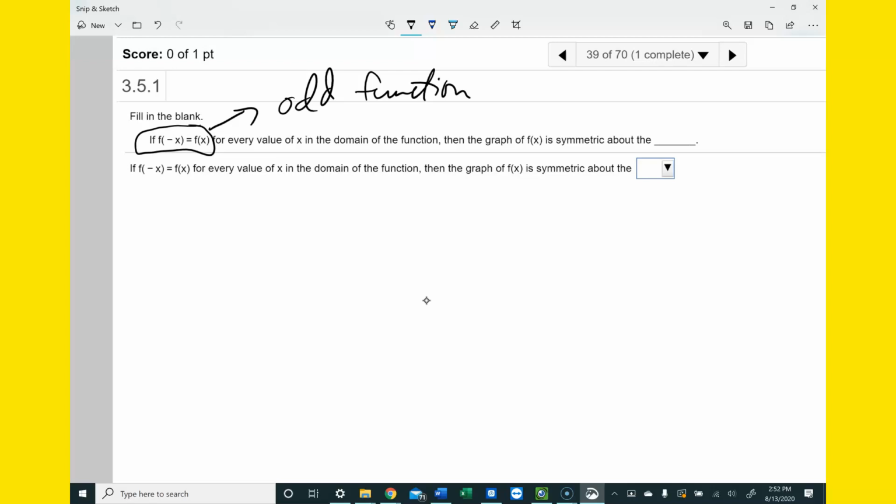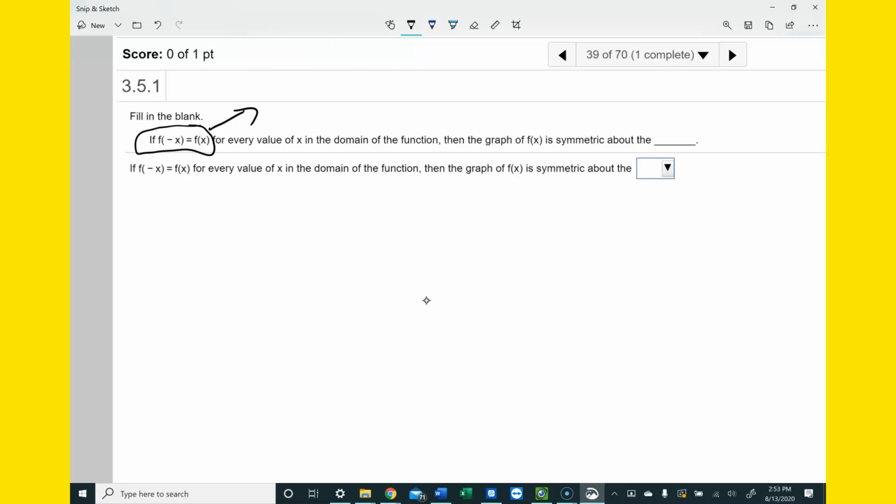So if you have the ordered pair 1, 3, then you have the ordered pair negative 1, negative 3. Oh, that's wrong. Let me back up. I said exactly the opposite of what I should have said.